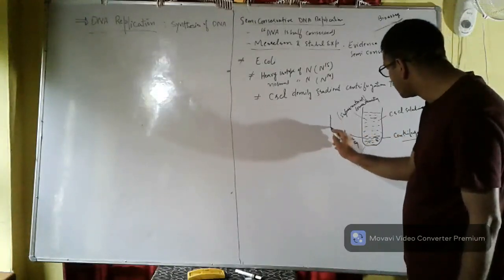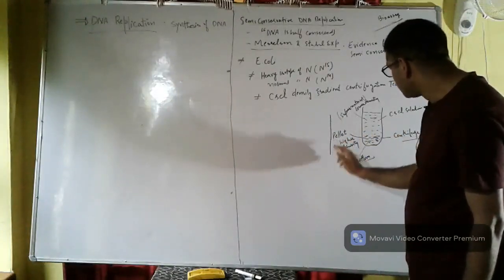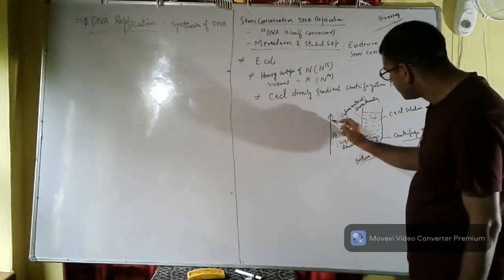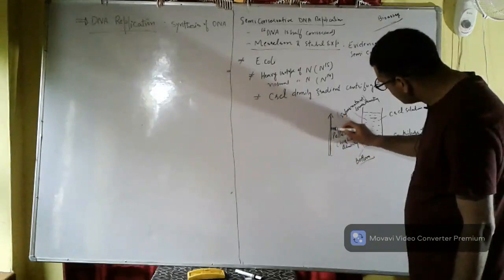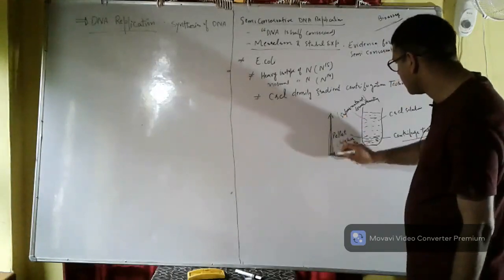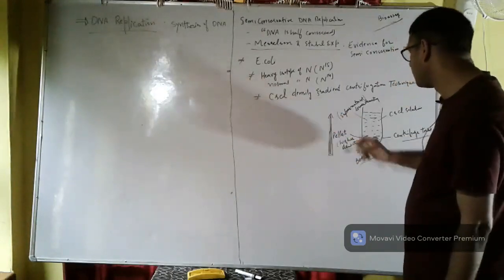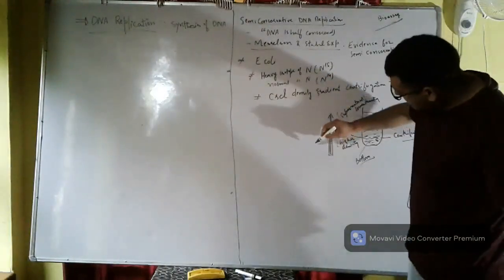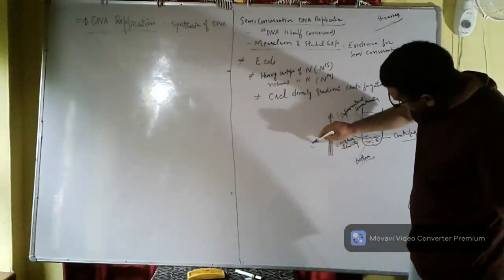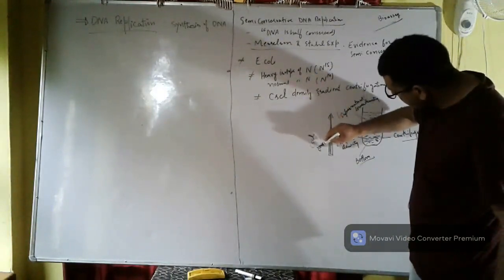For example, I will show it like this. This shows a density gradient, a cesium chloride density gradient.